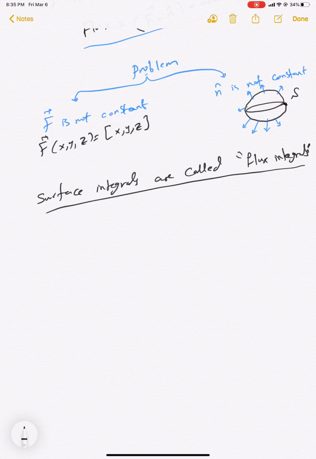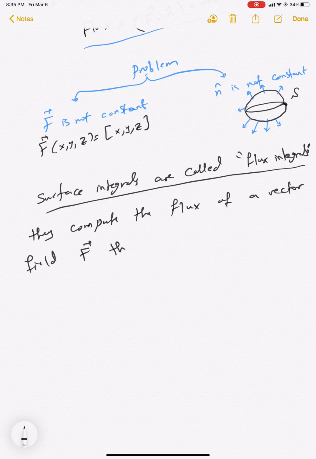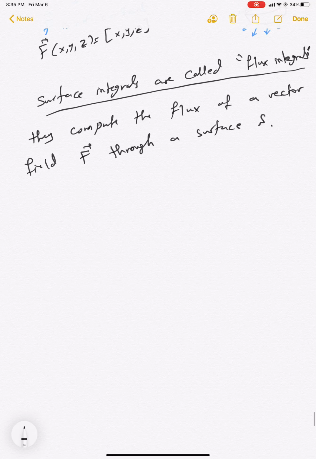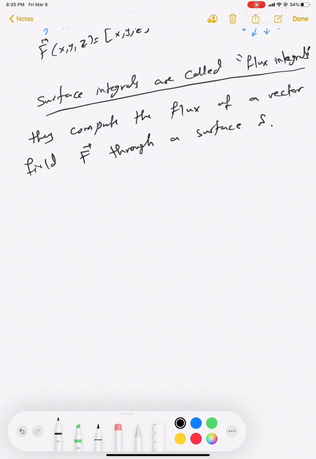So surface integrals compute the flux of a vector field F through any surface S. And what we're going to discuss can be applied whether F is a constant or not, whether the normal vector is a constant or not. So what we're discussing now is more general than what we did in physics for the constant vector field.